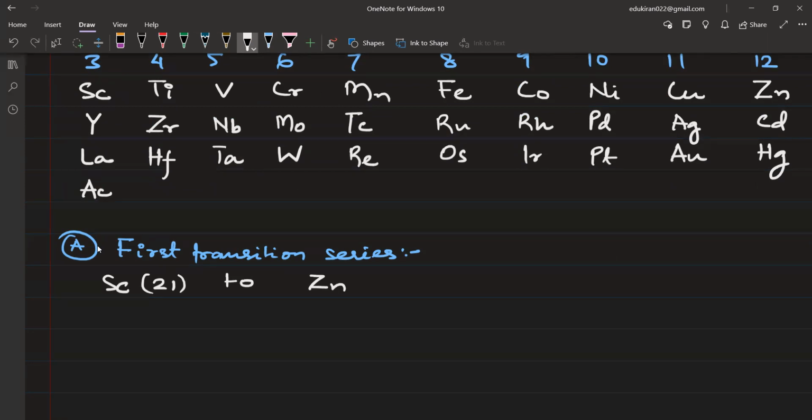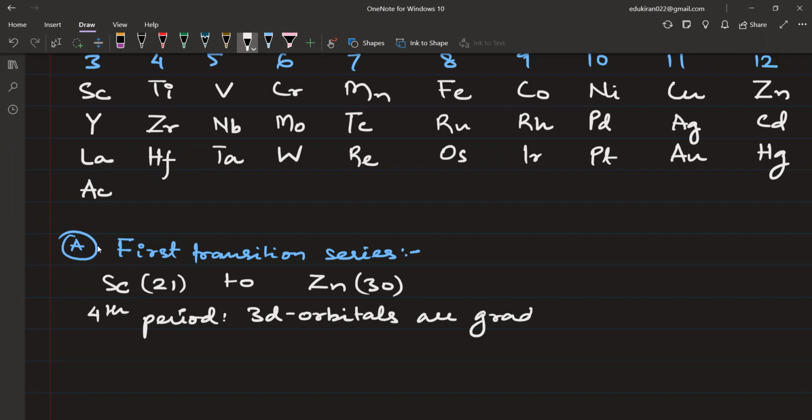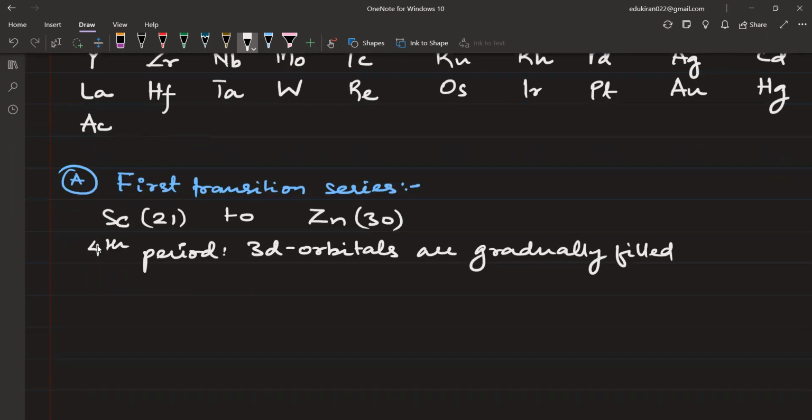Its atomic number is 30. Okay, and this is in the fourth period. And which is the d orbital that is getting filled here? 3d orbitals are gradually filled.